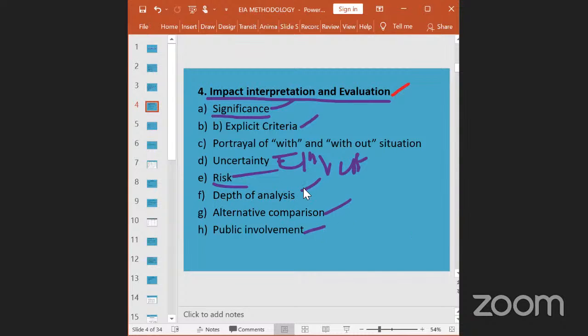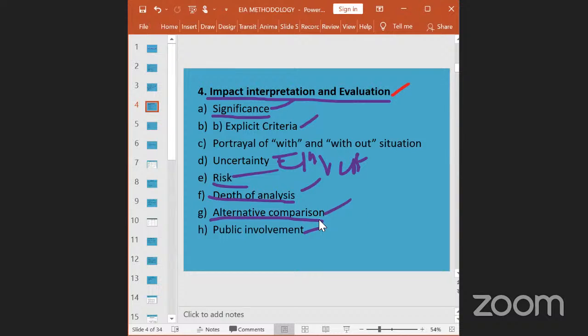The conclusions derived from the methodology should be able to provide a sufficient depth of analysis and instill confidence in the users, including the general public, right? The next, alternative comparison.